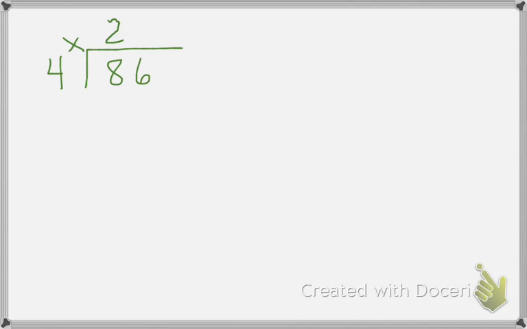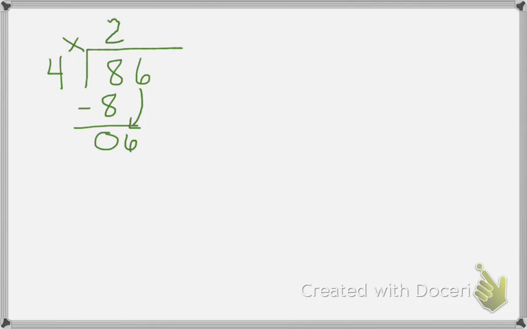And so we're going to do that right here. So 2 times 4 is 8. Okay. Next thing we're going to do is subtract those to see if we have any left over. As you know, when we do 8 minus 8, we don't have any left over. The next thing we're going to do is bring this 6 down.